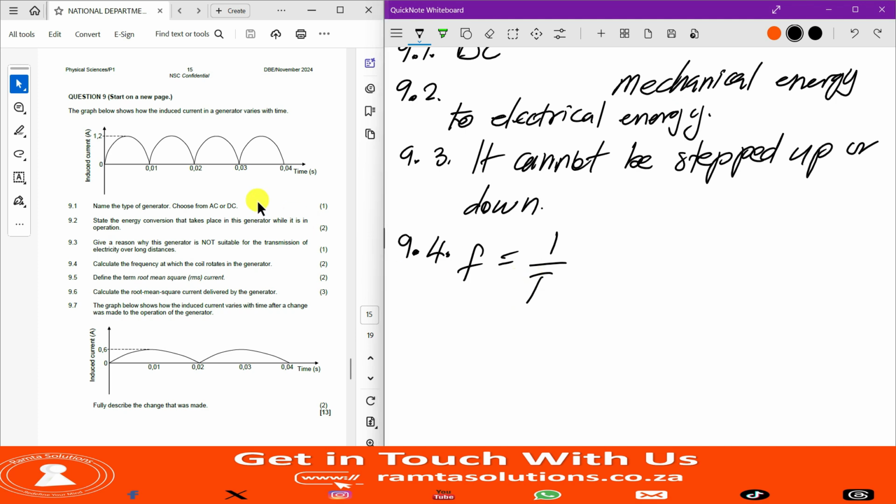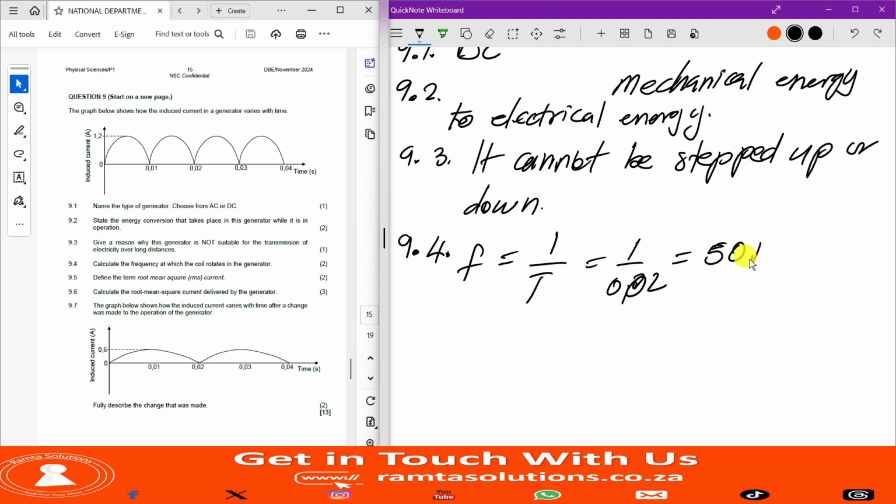period. So the period to complete one cycle is 0,02. So 1 divided by 0,02 will be 50 hertz, or 50 per second.